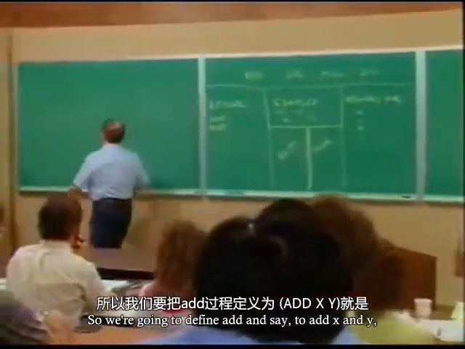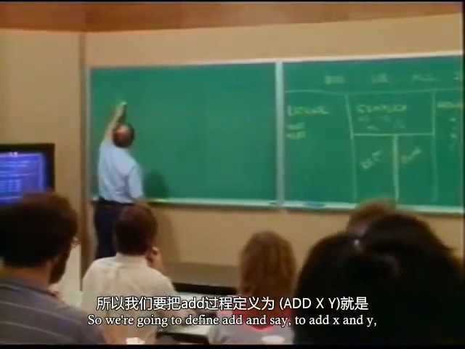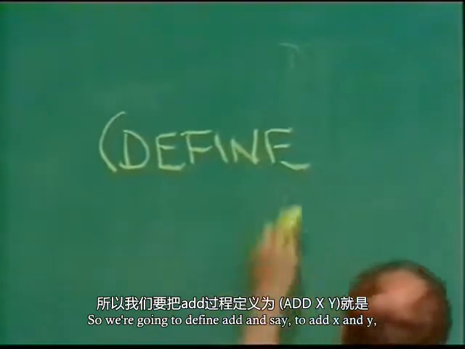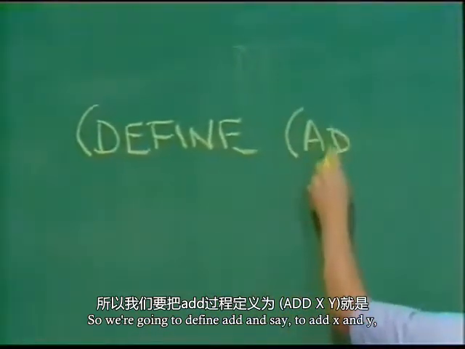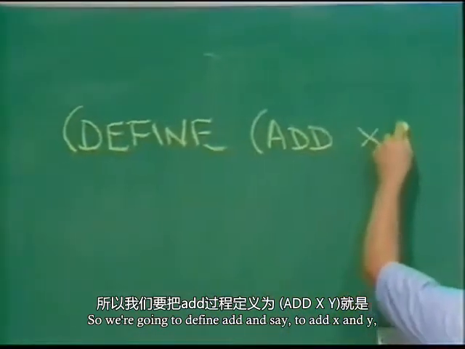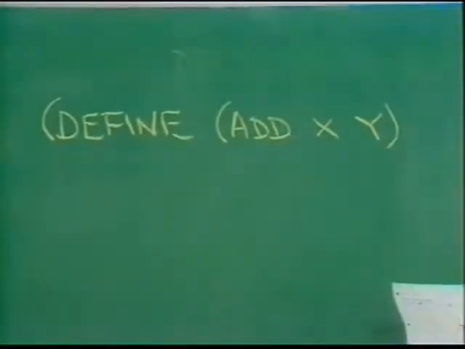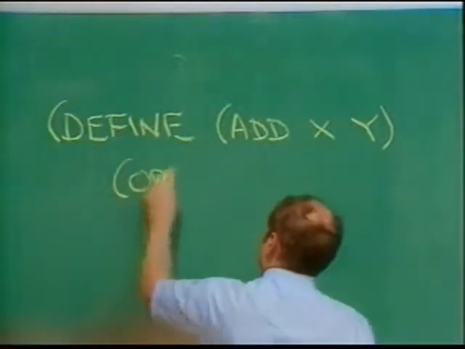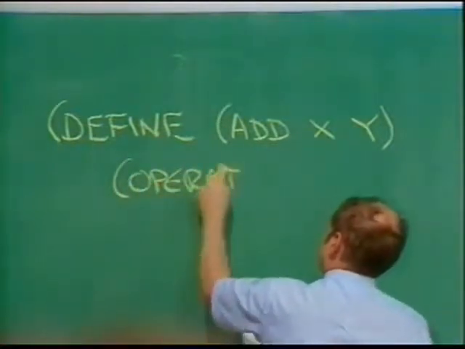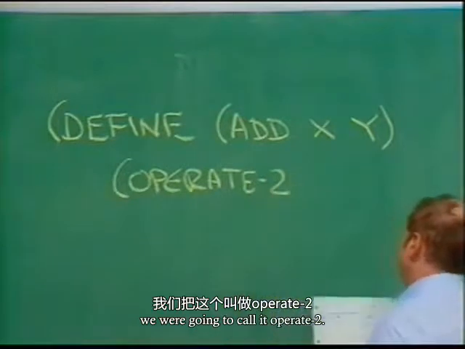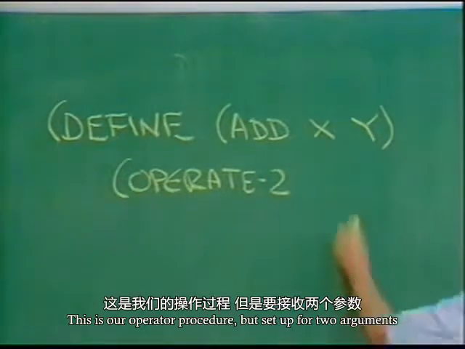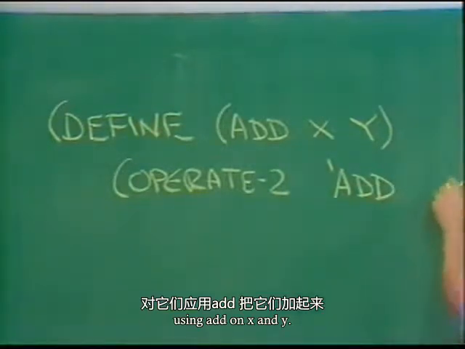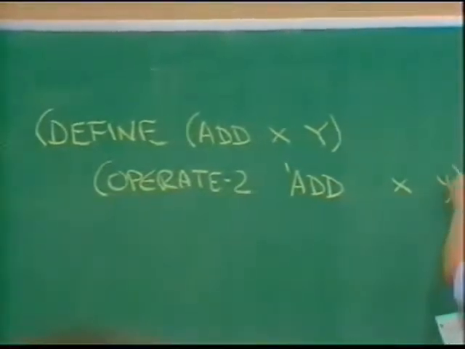So we're going to define add, and say to add x and y, that will be operate. Here we're going to call it operate 2. This is our operator procedure, but set up for 2 arguments using add on x and y.